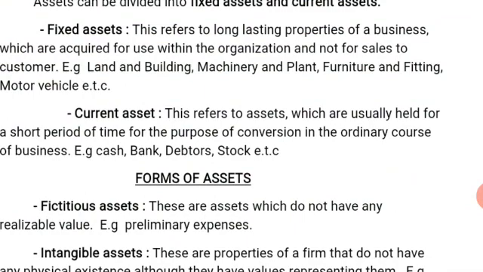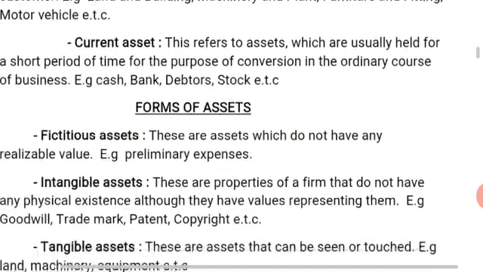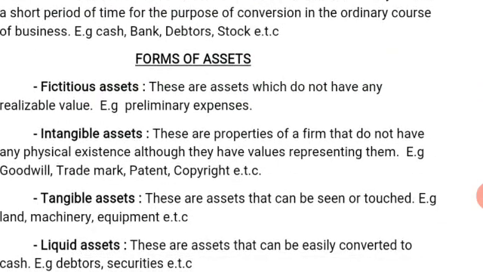And good examples of current assets are cash in hand, cash at bank, debtors, stock, etc. Forms of assets. Before moving on to liabilities, let us talk about the forms of assets that we have.